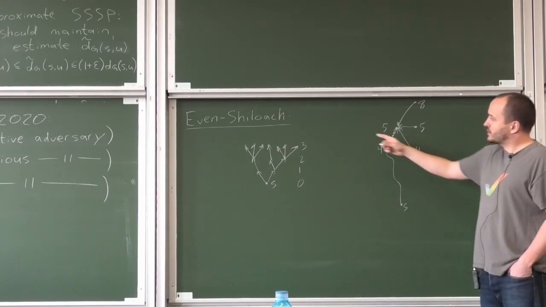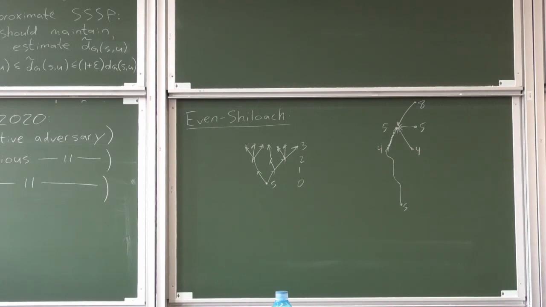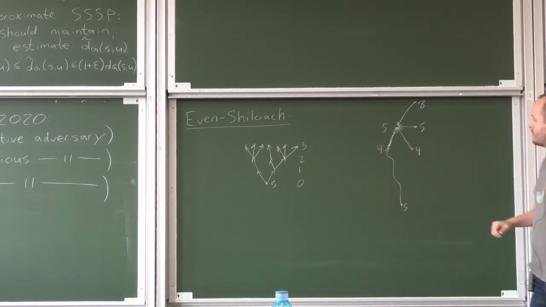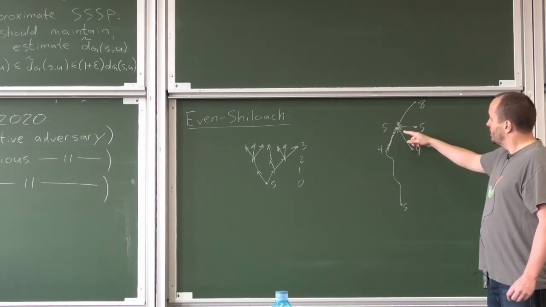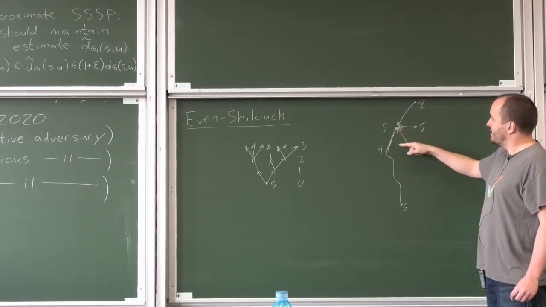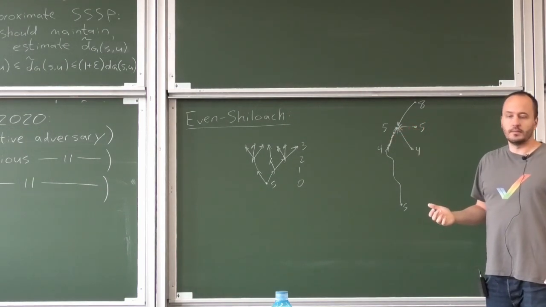Now there are different ways to implement Even-Shiloach, but there's one elegant way. I think it was described in a paper by Thorup and Henzinger. I'm not sure, but it was not described in the original paper, but basically it's quite a nice way to implement this structure. So think of this vertex having all its ingoing edges in a cyclic linked list.